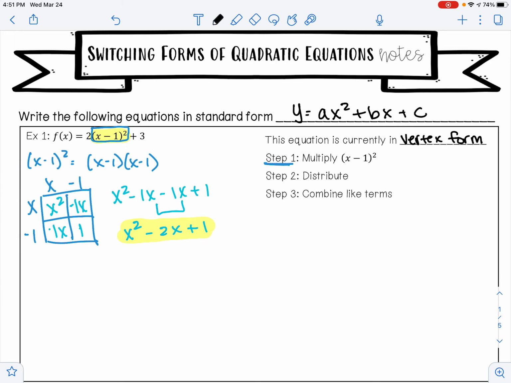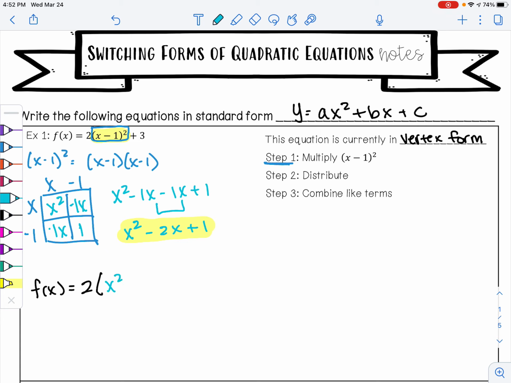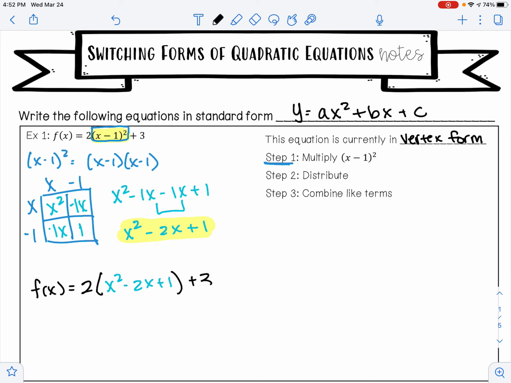And when I do that, I'll have f of x equals 2 times, and now we have x squared minus 2x plus 1 from the area model, plus 3. Again, the 2 came from the coefficient out in front, and the 3 is a constant on the end.